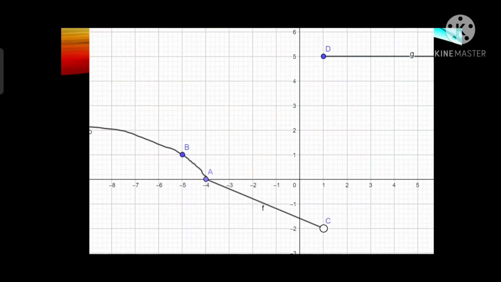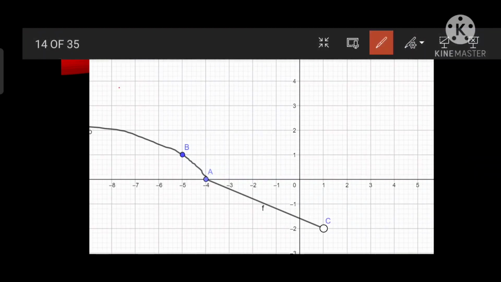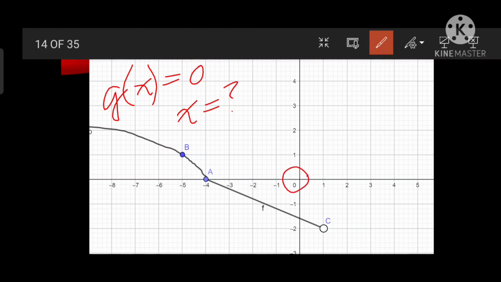So given g of x equals 0, what is our x? When y is equal to 0, that means the point is on, or starts at, the origin. So when y equals 0, we mark 0 on the y-axis, and we have it here.